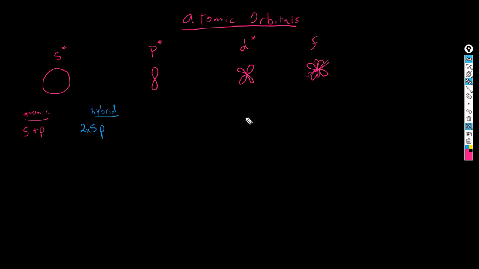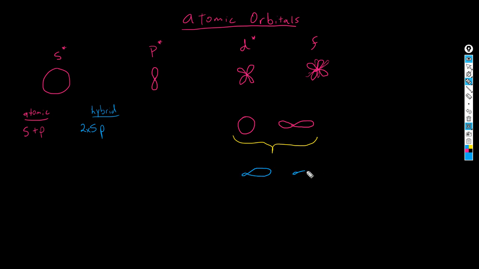Well, if we combine an s, which is a spherical orbital, and a p orbital, which is dumbbell shaped, because we're combining two orbitals, when these come together to form the hybrid orbital, we'll get two hybrid orbitals, which are sp orbitals. So we'll get two of these orbitals that kind of look like a p orbital, but they have a big lobe and a little lobe.